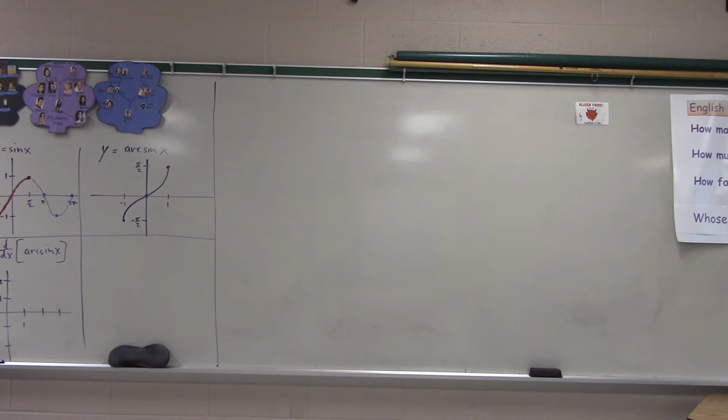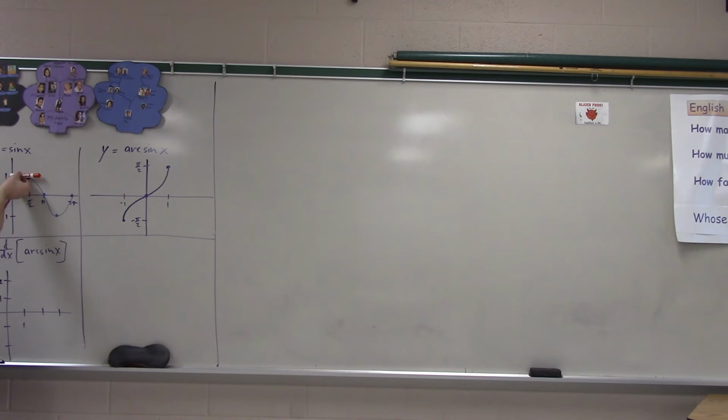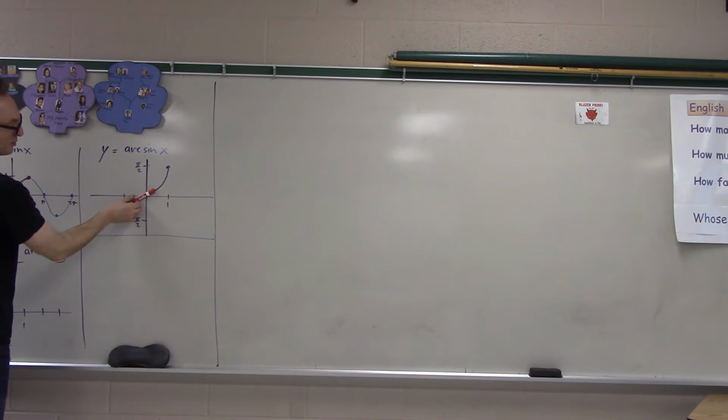Pause if you need to finish it on your own. But if you start thinking about this, what's my slope here at negative 1? That matches up with the top of that sine curve, so the derivative is 0 here. The derivative is infinite here. So the derivative is an infinitely huge number, and then I'm a tiny bit more than negative 1. It's still a huge positive number, huge positive number.